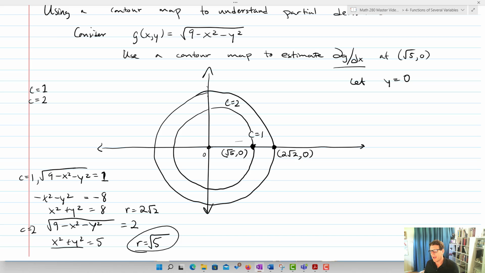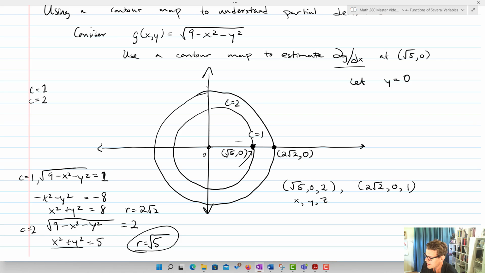Now all we've got to do is calculate our rate of change. Thinking about our three coordinates x, y, and z, for the inner circle we've got the point root 5, 0, 2. And then our second point is going to be 2 root 2, comma 0, comma 1.